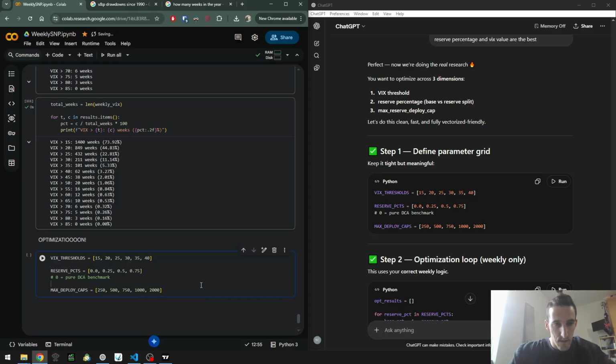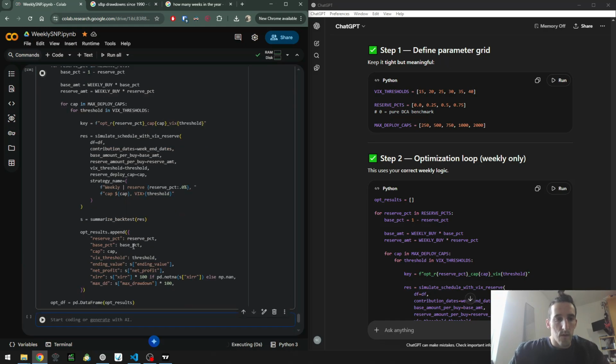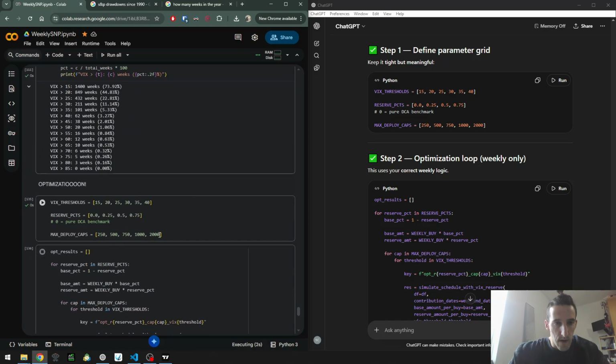We're doing this. Step 2, optimization loop. This uses your correct weekly logic. Sweet. Okay. And while we're doing this, we can add.